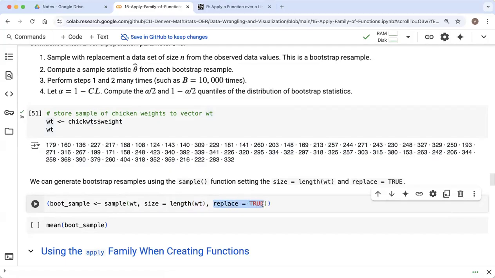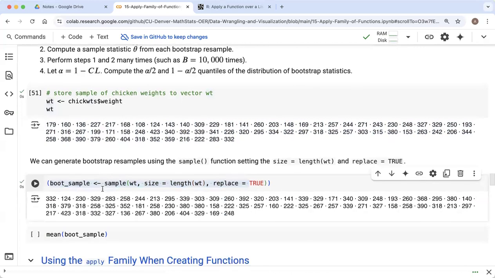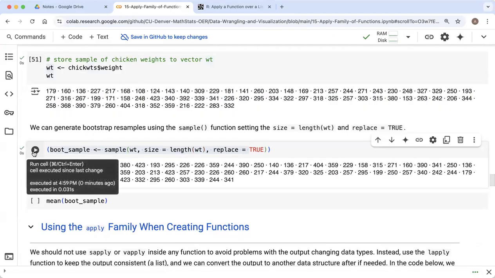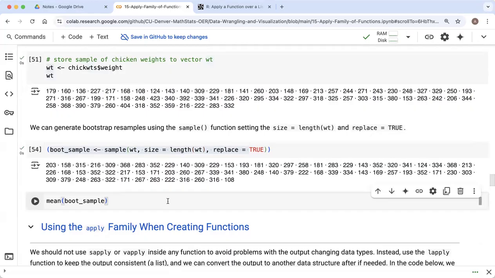The default is to not sample with replacement when you use the sample function. We want to override that default, so we're going to set the replace argument to TRUE. And I put parentheses around this command since I want to see the resulting output. So here I've got a bootstrap resample. It consists of 71 values that were picked with replacement from the original sample. And every time I run this command, since I haven't set the seed, we get a slightly different sample.